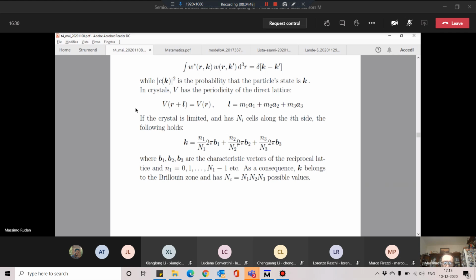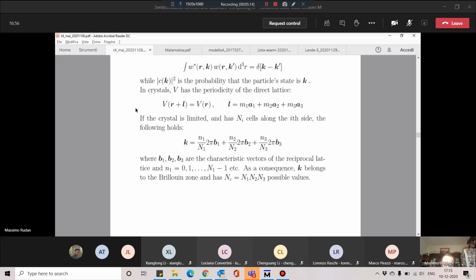But you remember that at some point we introduce the periodic boundary conditions. And the periodic boundary conditions have the effect, one, to restore periodicity in a finite volume of the material that in principle is not periodic.